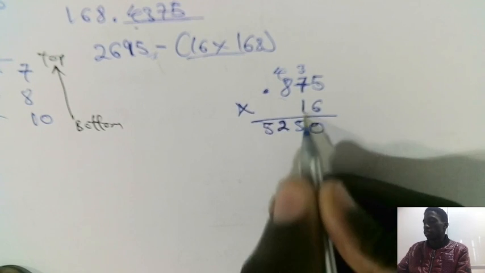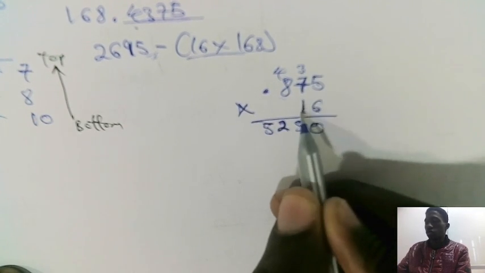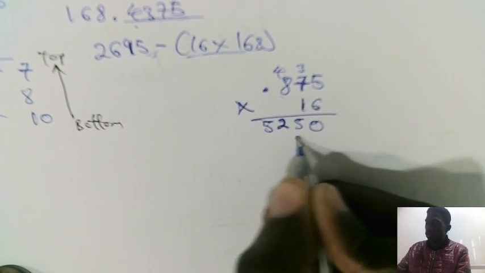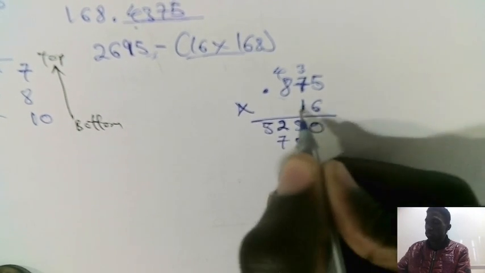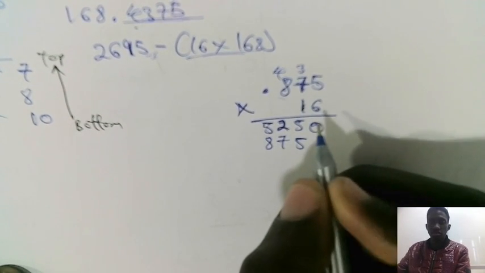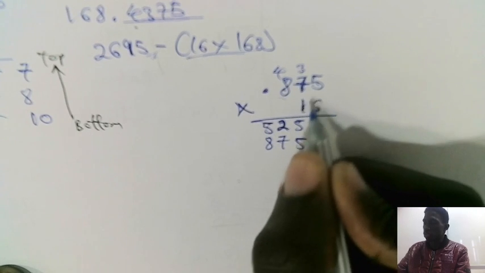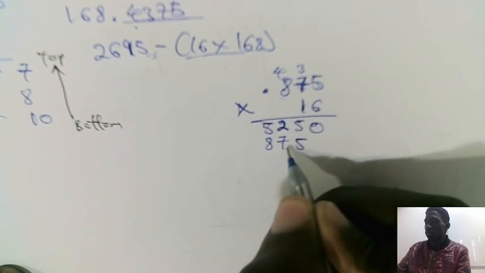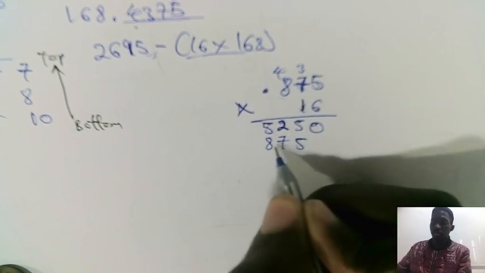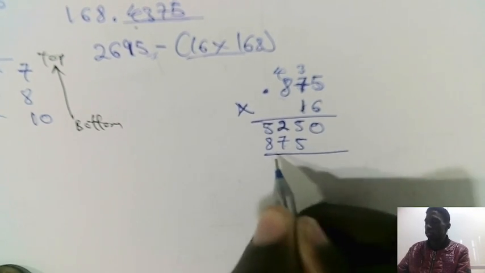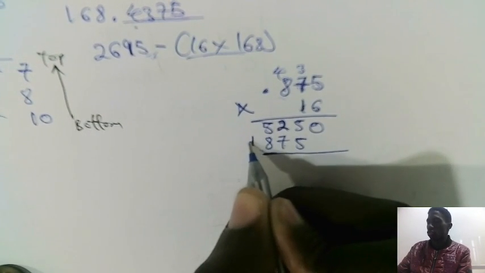But we're not done yet. We have 1 times 5, which is 5. 1 times 7, 7. 1 times 8, 8. So we add them together like a normal multiplication.